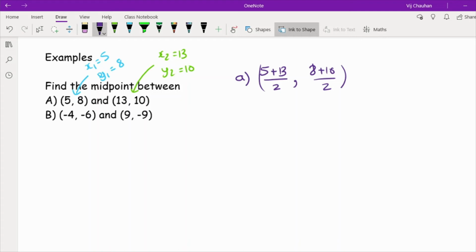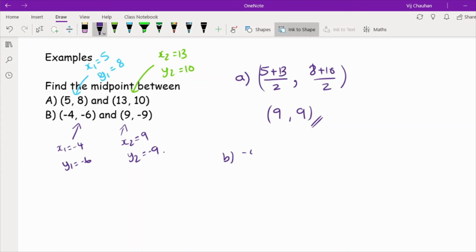Now for this one here we've got x1 equals minus 4, y1 equals minus 6, and here I've got x2 equals 9 and y2 equals minus 9. So for B, substituting those numbers into the formula, adding our x ordinates together, we get minus 4 plus 9 over 2.